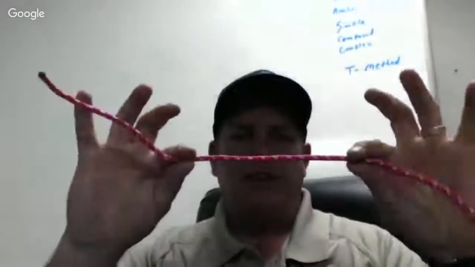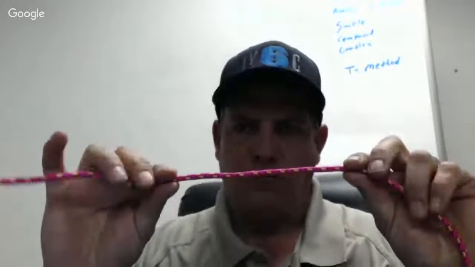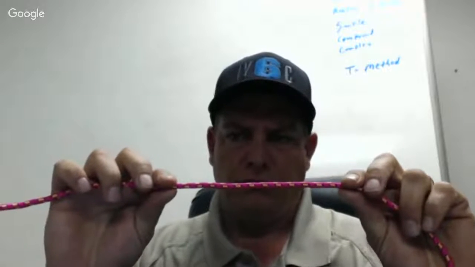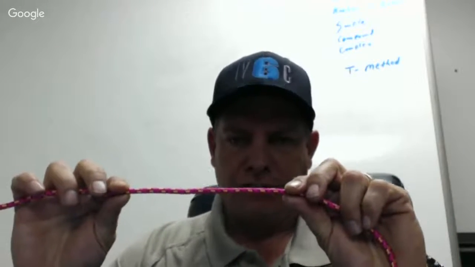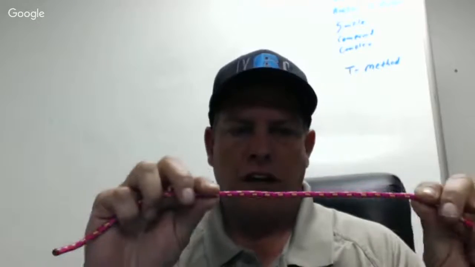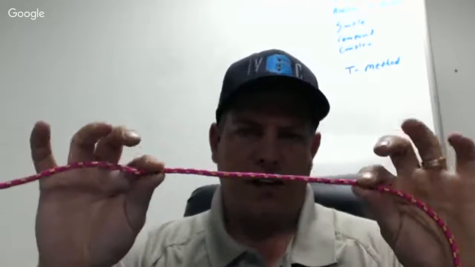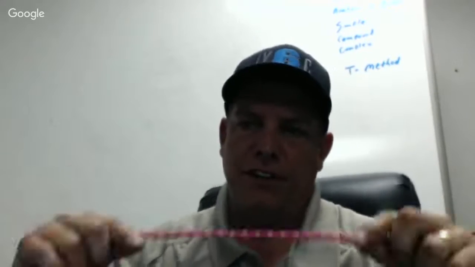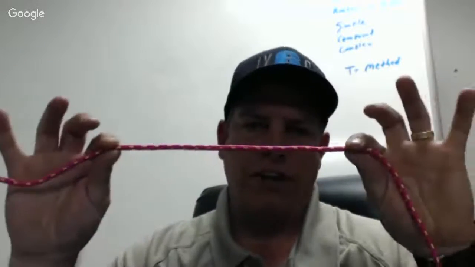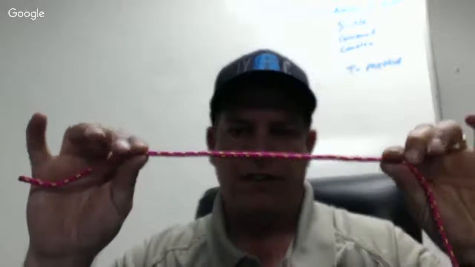A 1-to-1 mechanical advantage is I'm pulling this way, right? That's a 1-to-1. There's no mechanical advantage in the system. I tie a rope to a truck, and I get another truck, and I pull it out with a tow strap, say. So you got a 1-to-1 mechanical advantage, which is no advantage.